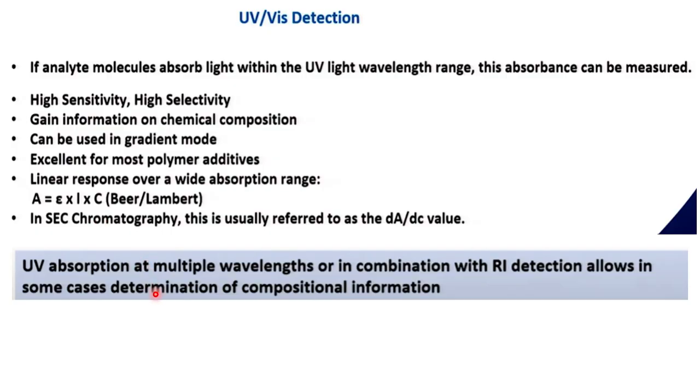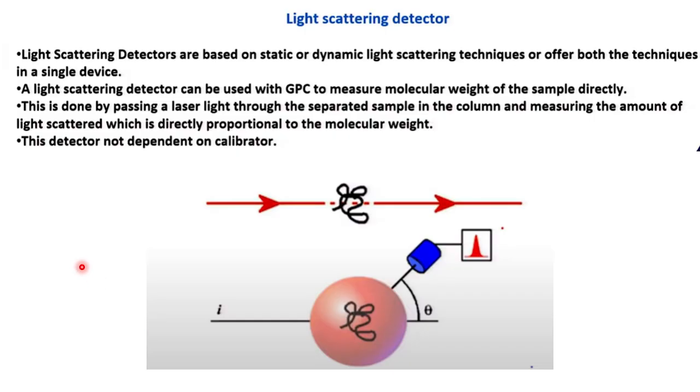And UV absorption at multiple wavelengths, or in combination with refractive index detection, allows in some cases to determine the composition and analysis. In the case of the light scattering detector, it is based on static light scattering (SLS) or dynamic light scattering (DLS) techniques, or both in a single device.